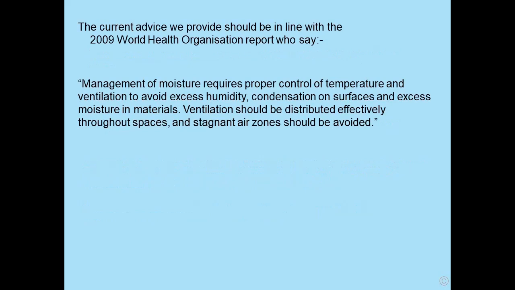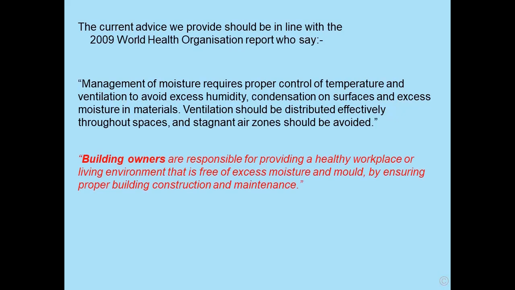There's some really good advice from the WHO, the World Health Organization, which I think is very good. It says, I'm going to read it, management of moisture requires proper control of temperature and ventilation and so forth. Ventilation should be distributed effectively through space and stagnant air zones should be avoided. However, this, I believe, is very important.